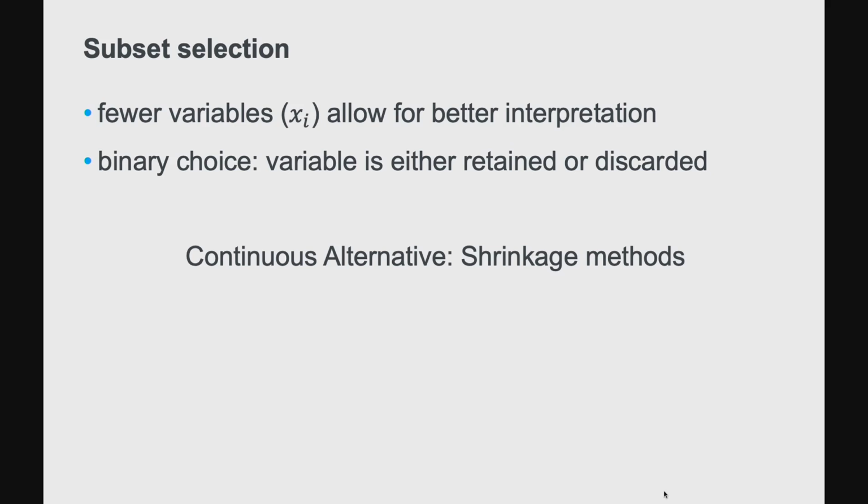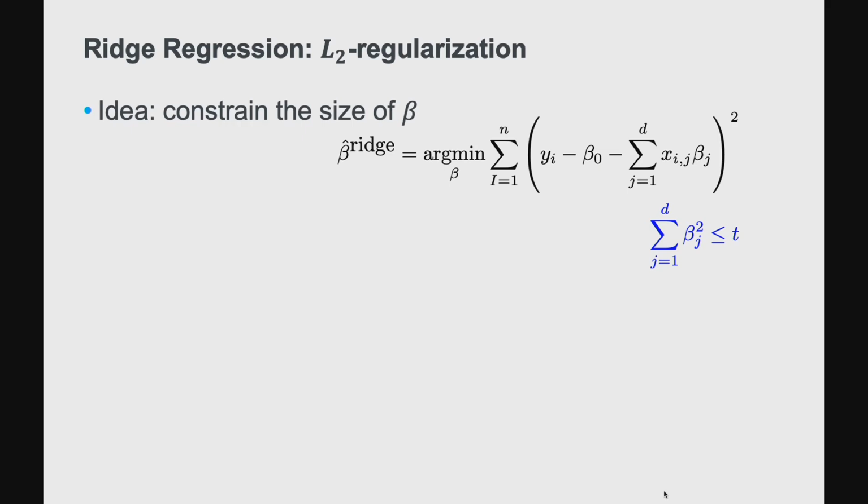Opposite to this black or white choice, we could also look at shrinkage methods. So let's not have a too large influence of some variables. How can we do this? What we do with our beta hat is we are interested in the beta that minimizes our loss. And the loss is simply the true observed value minus our predicted function.